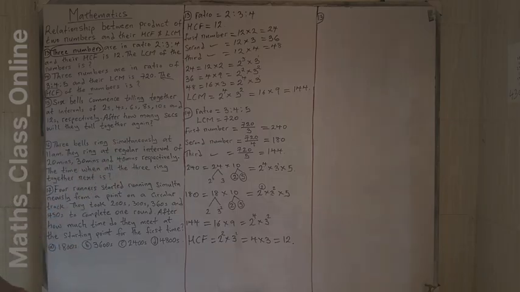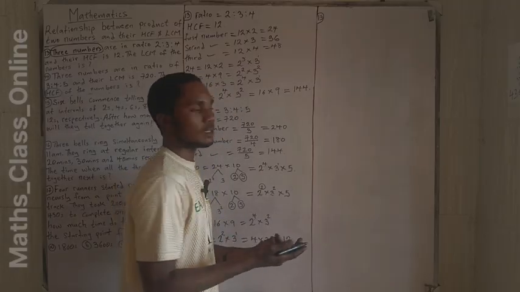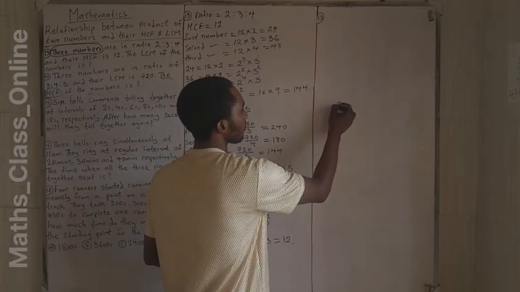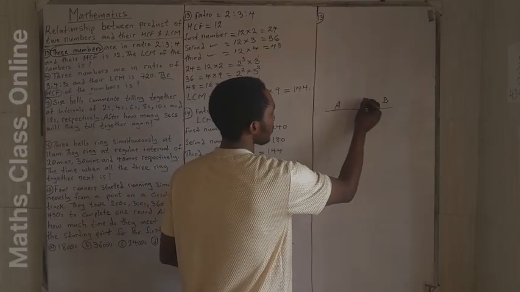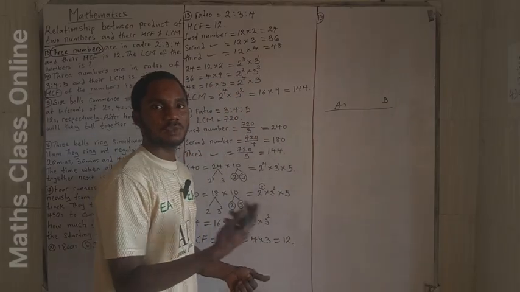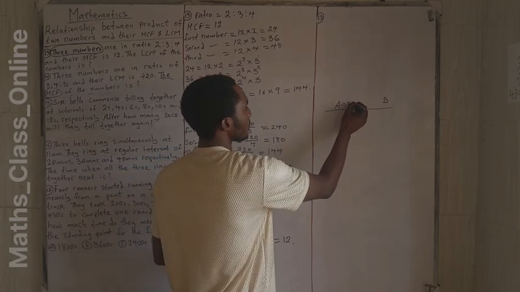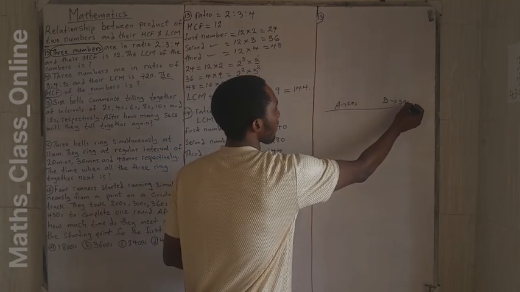What is the meaning of this question? Let's assume that we have 2 alarms set, alarm A and alarm B. This alarm rings every 20 seconds, and this alarm rings every 30 seconds.